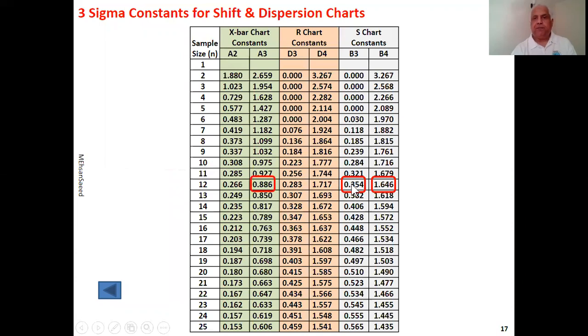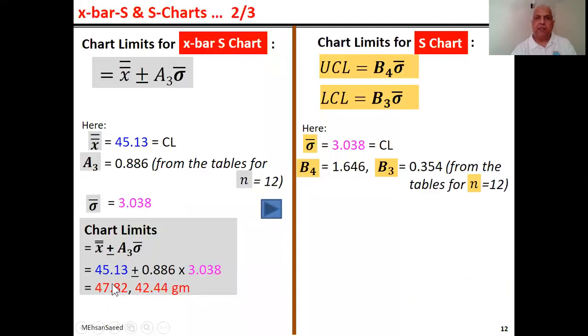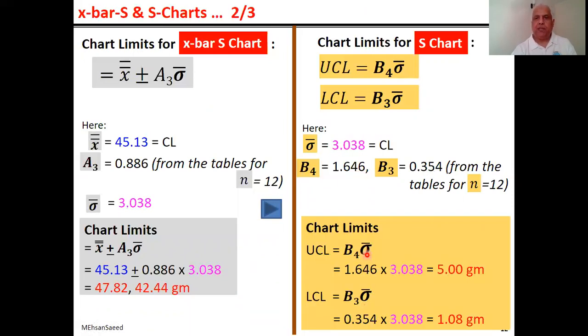B3 is 0.354 and B4 is 1.646. So we enter these values, 0.354 and 1.646, into the formulas, and these are our dispersion limits. Upper control limit is 5 grams and lower control limit is 1.08 grams.